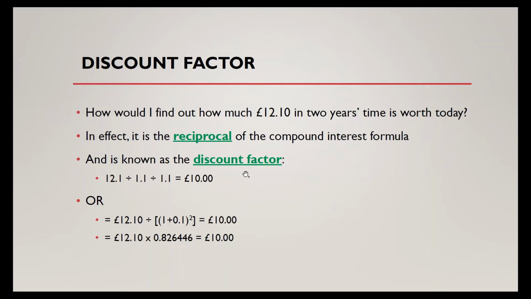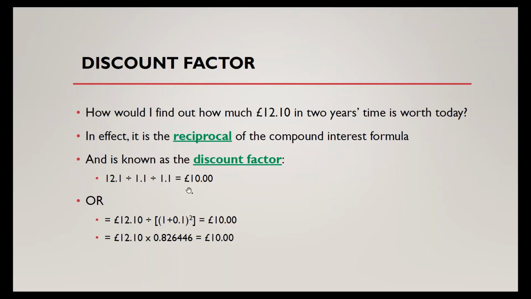So let's have a look at the example. If I have 12.1 pounds in 2 years, and if I want to calculate what it is worth today, then first I have to divide it by the 10% for the first year, and then once again by the 10% for the second year, and this will give me 10 pounds worth today.